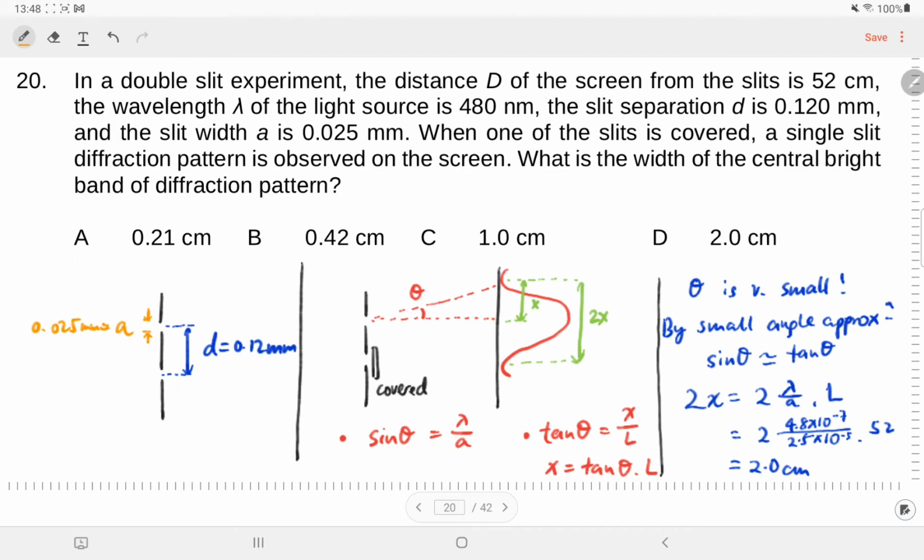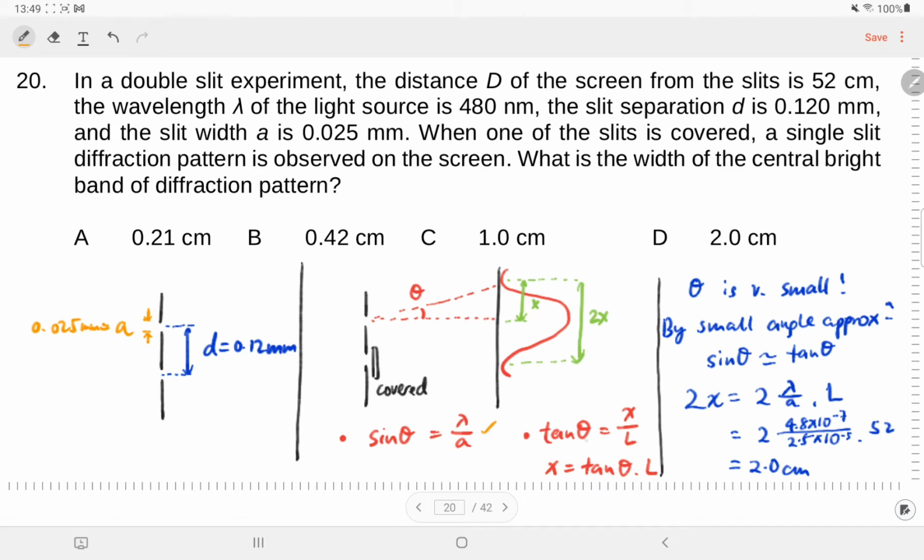Once we know that, we can proceed to figure out the angular position of the first order minima of the diffraction pattern. We know the equation is as such. We can also see from the overall setup that the first order minima is found at the location x from the center of the whole pattern.